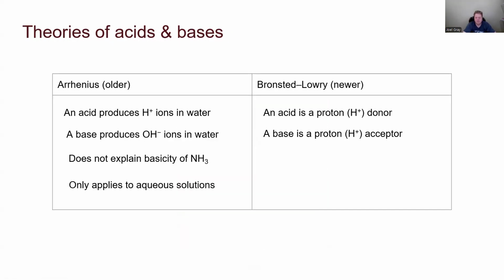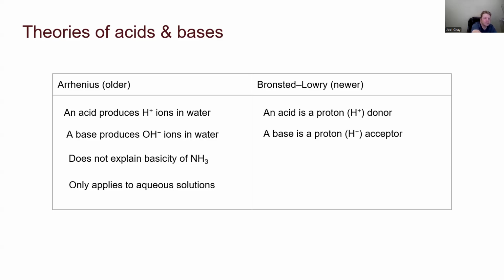Now, theories of acids and bases. Think about this as kind of like definitions, and these are refined definitions. There was an old definition of an acid that was developed by a person whose last name was Arrhenius. And so for a long time, if somebody described something as an acid or a base, they were probably using the Arrhenius definition.